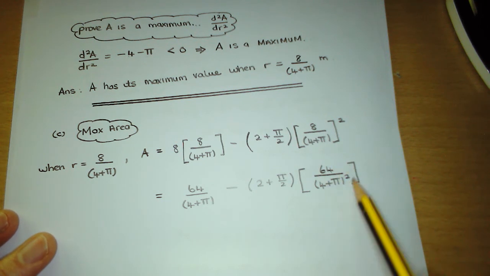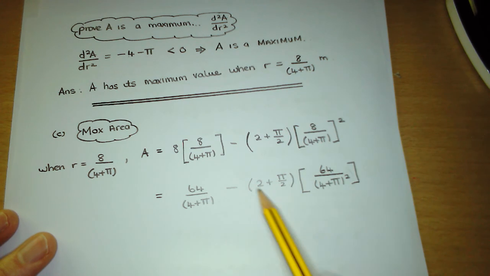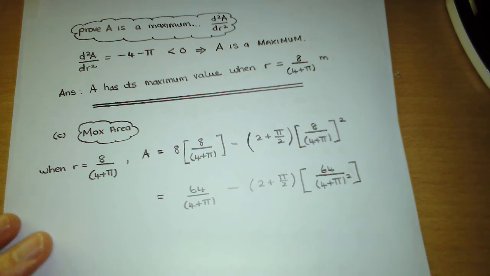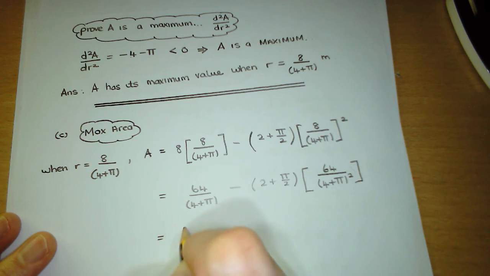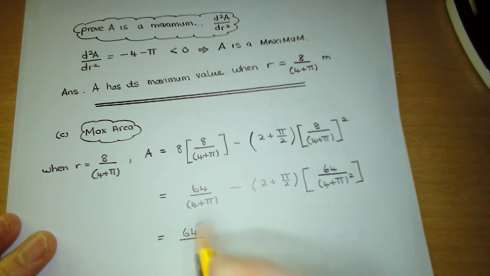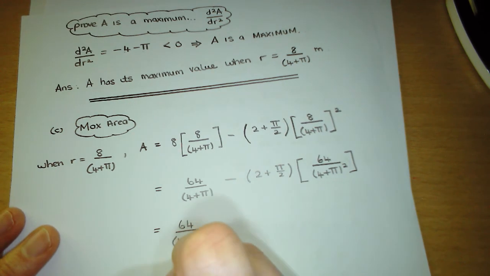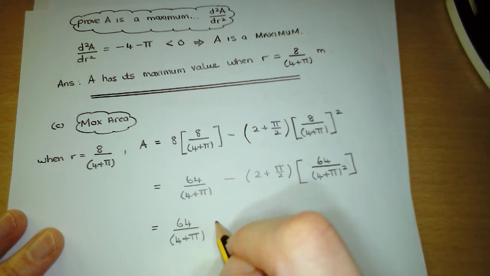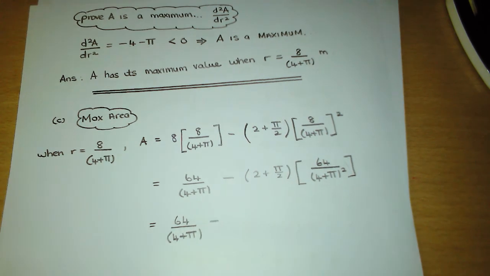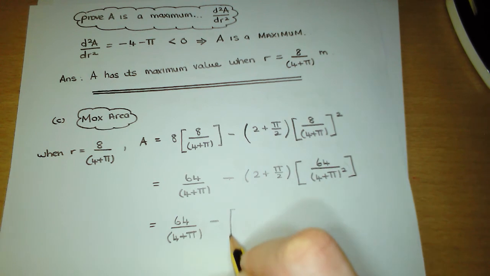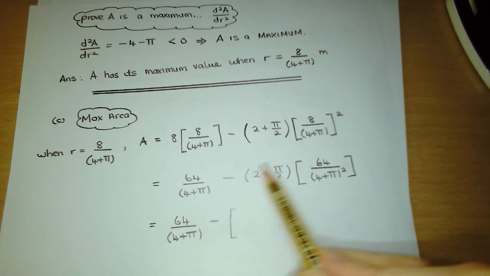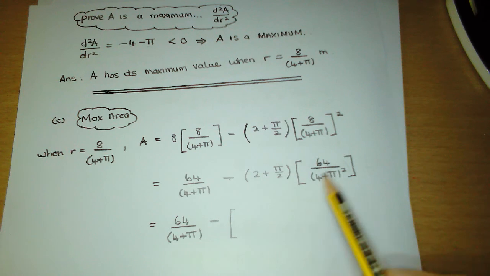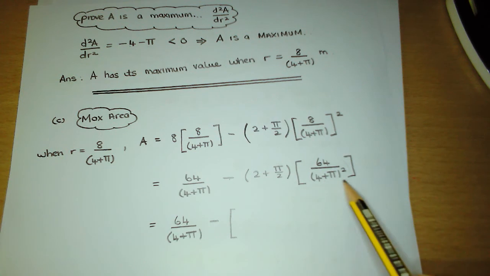I'm now going to multiply the 64 over 4 plus pi all squared by the 2 plus pi over 2. So we're going to end up with 64 over 4 plus pi, and then keep our minus here. And then because there's a minus here, I'm going to open new brackets, and then I'm going to multiply each term in this bracket by 64 over 4 plus pi all squared.